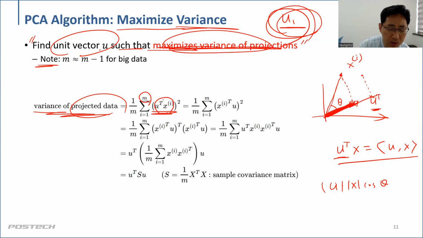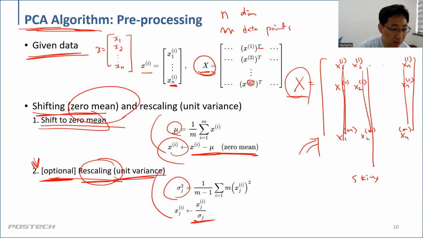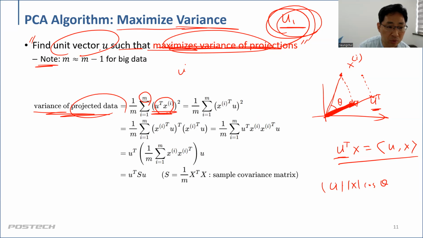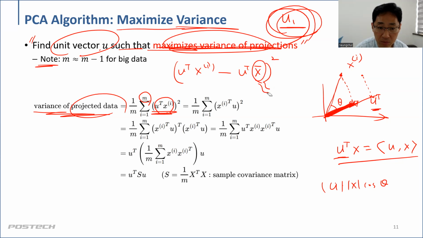Since I made everything zero mean, actually you have to subtract the mean in order to compute the variance. But since we set it to zero, that means we don't need to consider it. That's why we have that one. It's a variance.